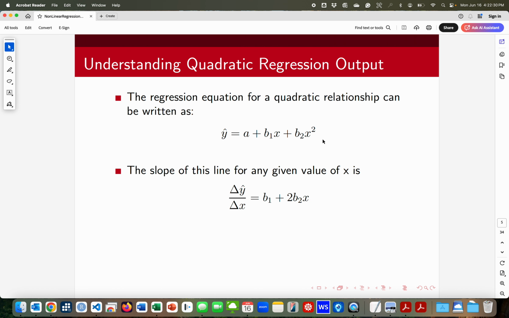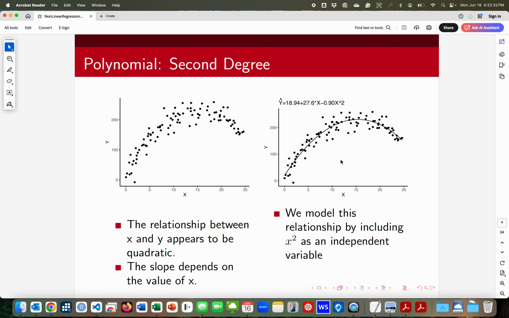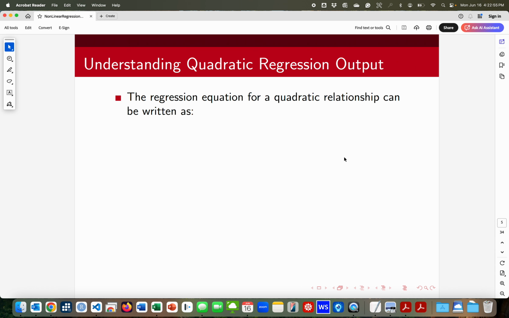If you think about the slope, notice it depends on the value of x. So if you're down here at x equals 5, the slope is positive. If you're over here at x equals 25, the slope is negative. If you're somewhere around 15, the slope is approximately 0. So when we look at the slope of the estimated regression line, it needs to depend on the value of x.